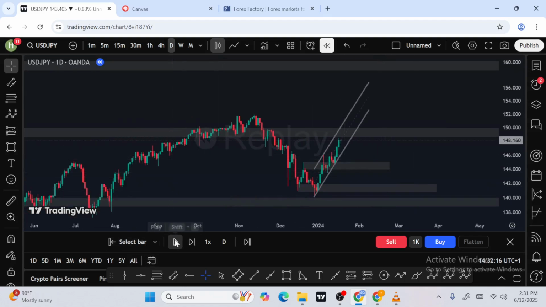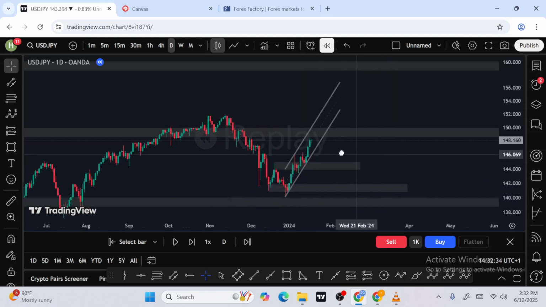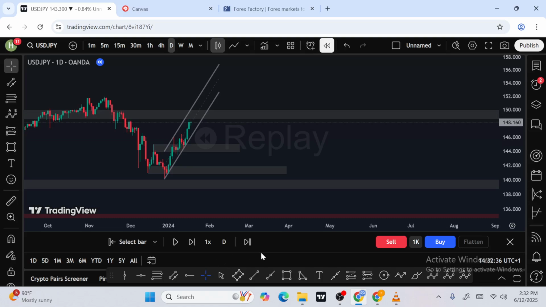So that is how you add your confluence. Your first confluence is that the market is at the support, number one. Number two confluence is that the market has given you, first of all, a confirmation.